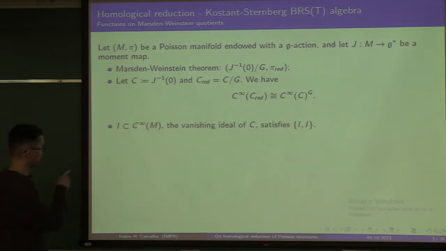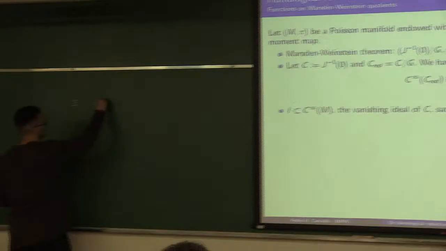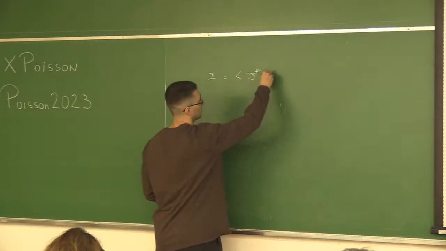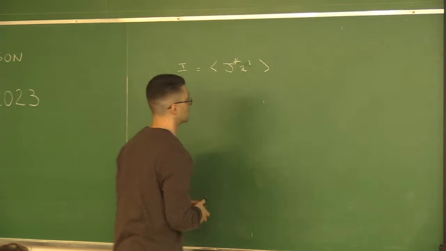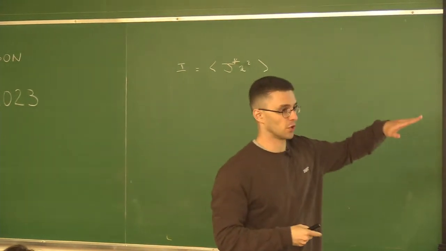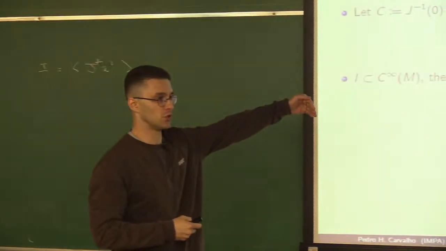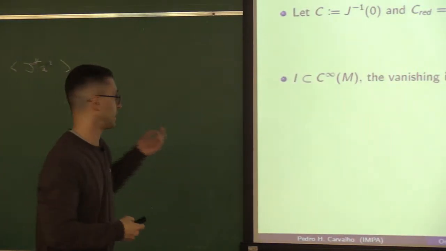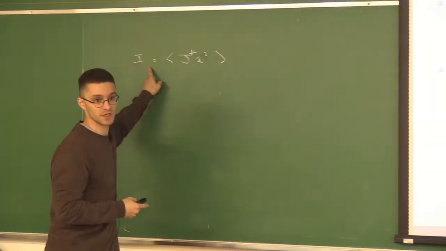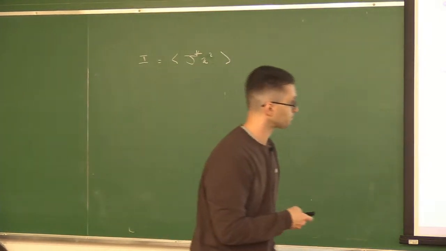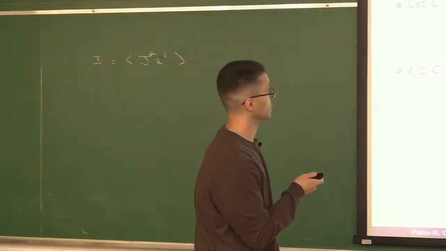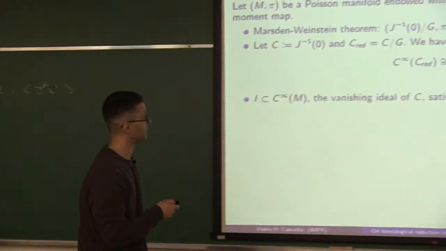If you denote by I the vanishing ideal of this constraint submanifold, it is the span of the following: take a basis for the Lie algebra, see them as functions on the dual, and pull them back, and this spans the ideal.